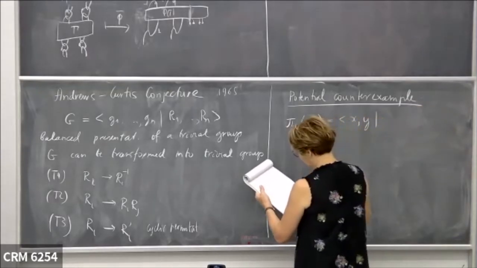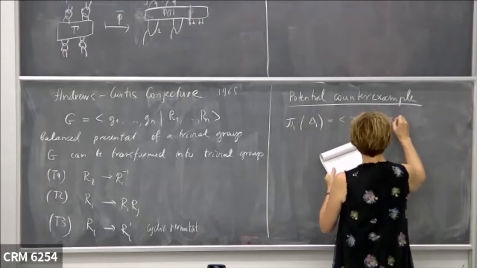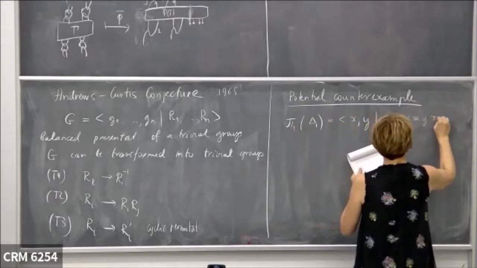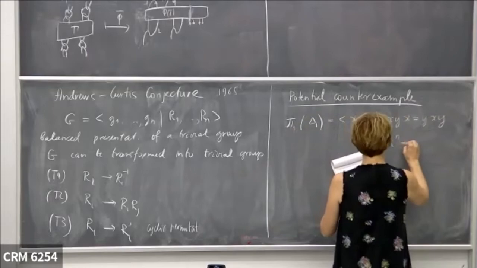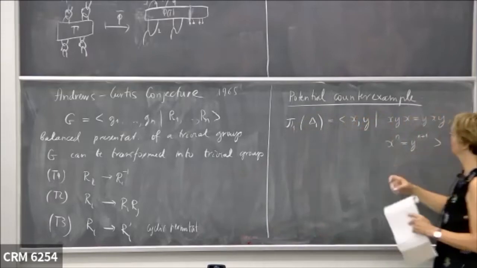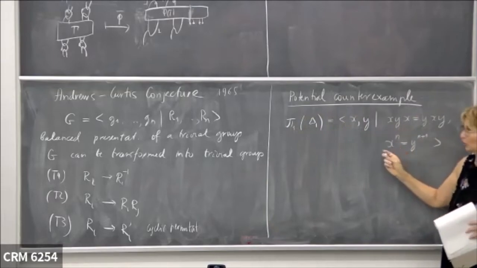so-called Akbulut-Kirby four-ball. It has just two generators and two relations. One is just a braid relation, and the second says that x_n is equal to y_(n+1). It's a balanced presentation of a trivial group, because this is a ball.